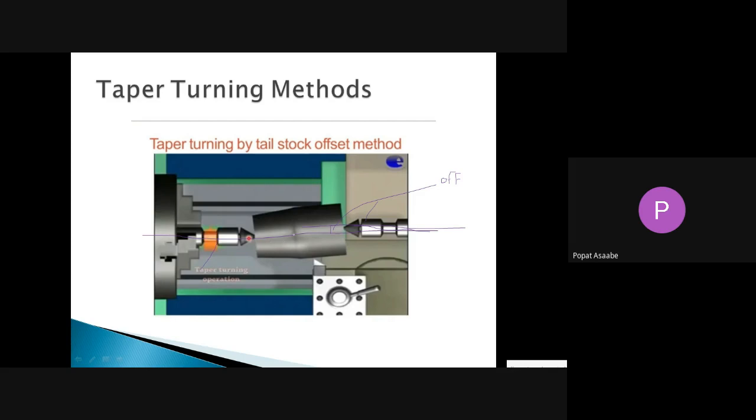Means your workpiece will be held in inclined position. Okay, your workpiece will be held in between that two centers in inclined position like this. म्हणजे थोडा inclined तुमचा वर्कपीस होल्ड होणार आहे. आता कशामुळे? ड्यू टू दिस ऑफसेट, बिकॉज दॅट ऑफसेट इज गिव्हन टू द डेड सेंटर.